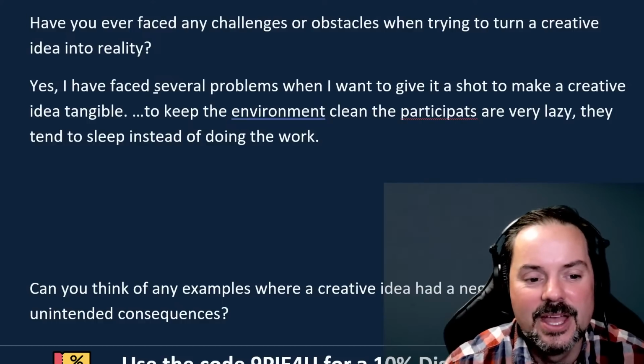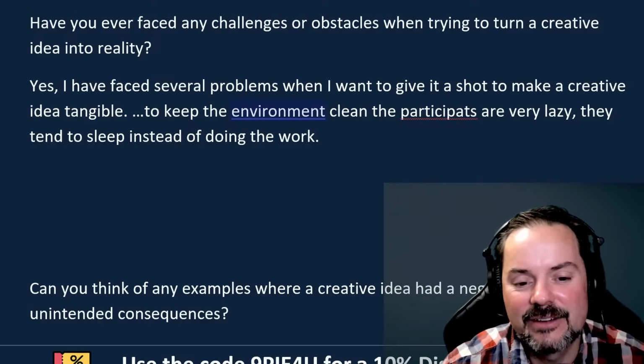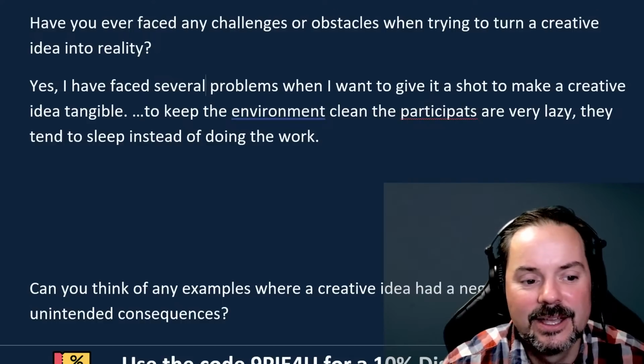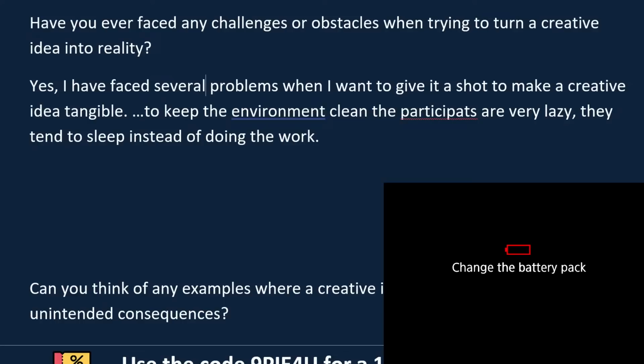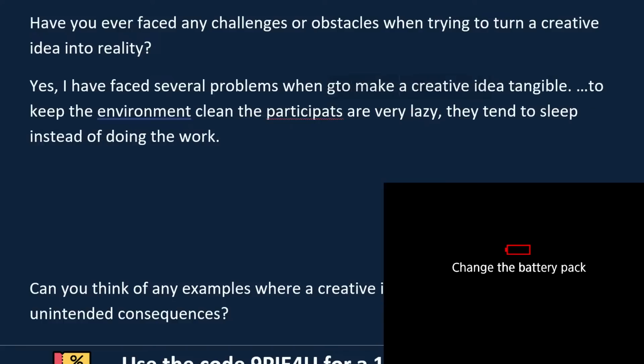So, yes, I have faced several problems when giving a shot to making creative ideas tangible. Okay, when giving a shot is tricky. Yeah, my camera's not liking the battery here. Okay, can you repeat after me?